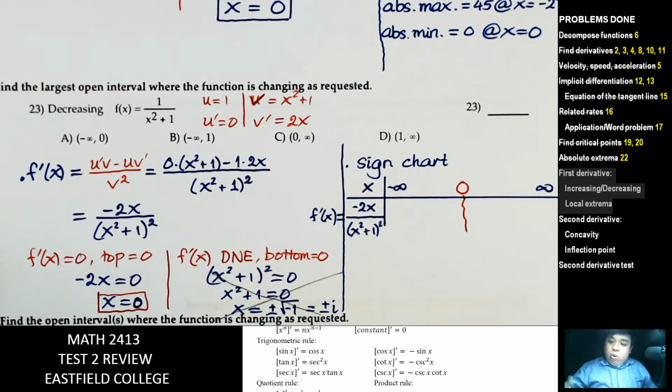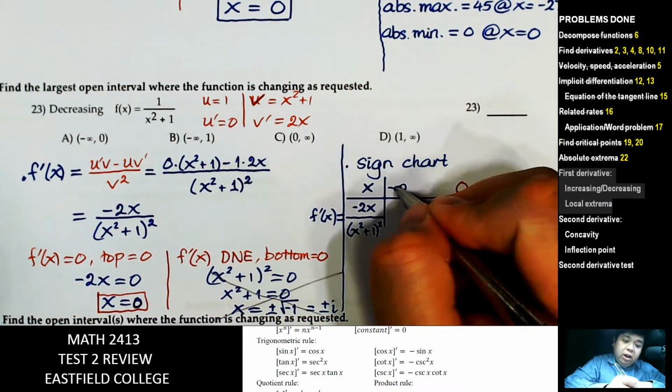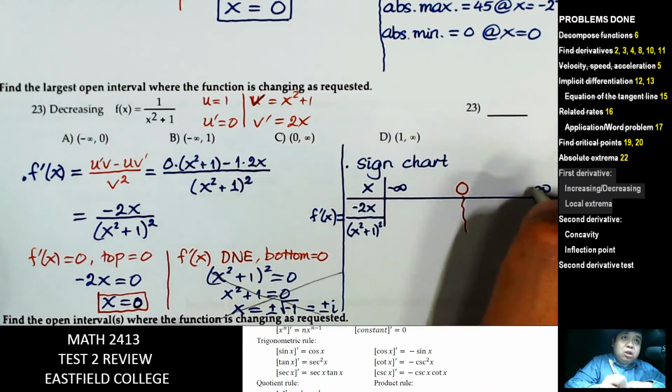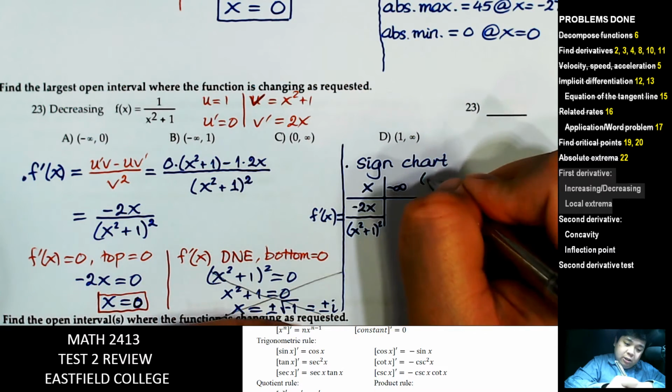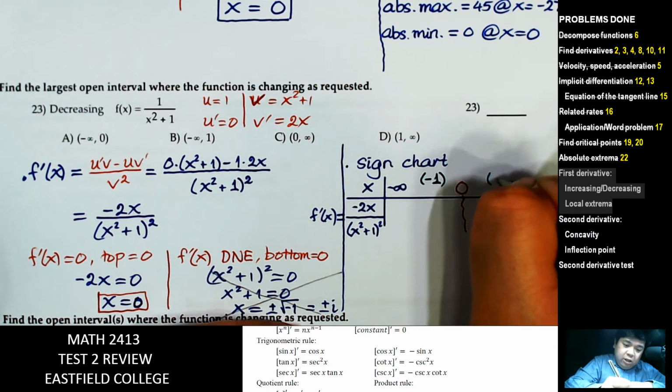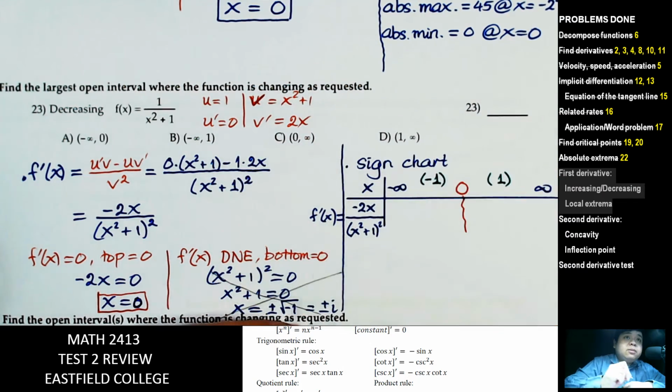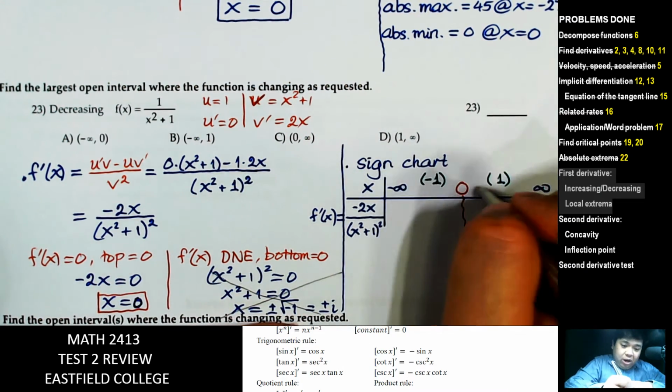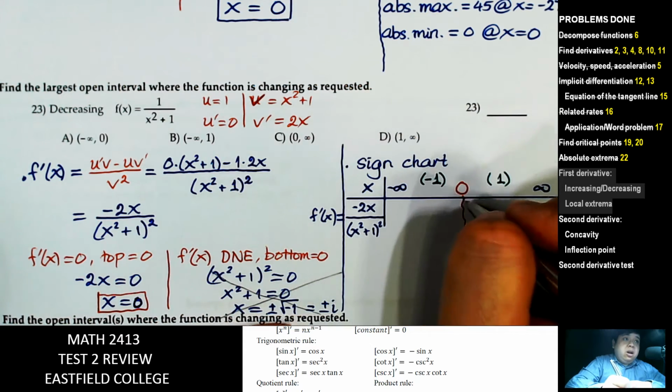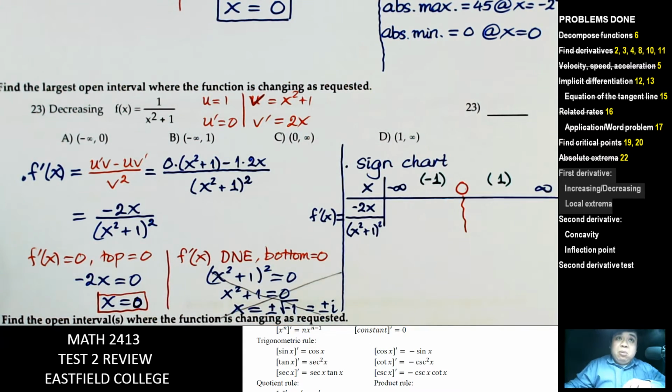Next we use test points, picking a number on each side. I choose negative 1 and 1, and I put them in parentheses to distinguish them from the point that divides the number line.